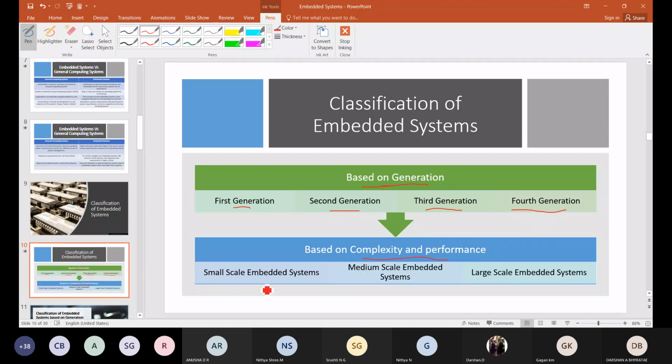Next is the types based on the complexity and performance: small scale embedded system, medium scale embedded system, and large scale embedded system. We categorize based on the performance and complexity.